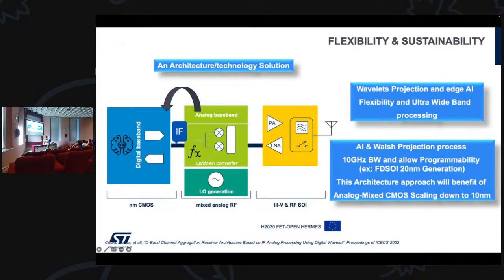In the same time, you can see that the mixed analog RF part will be mainly in silicon, CMOS or BiCMOS. And for the last one, which is the PA, LNA, switch, filters, and so on, 3.5 should be the solution.